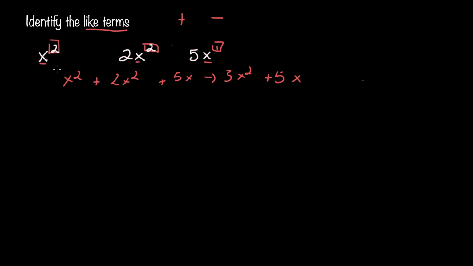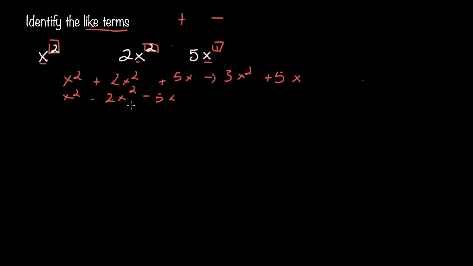Let's try for subtraction. So what if we subtract 2x squared from x squared? Oops, let's write that better. x squared minus 2x squared minus 5x. Well, x squared minus 2x squared, isn't that just negative x squared?